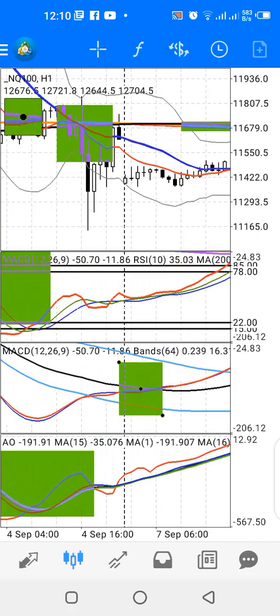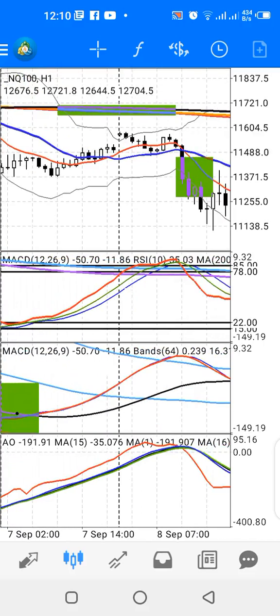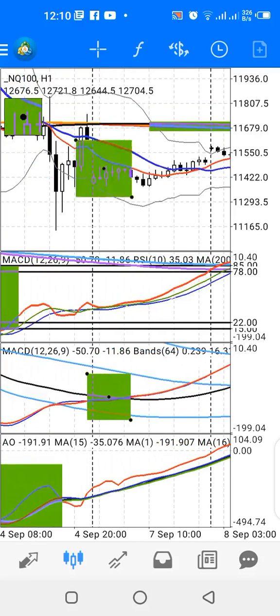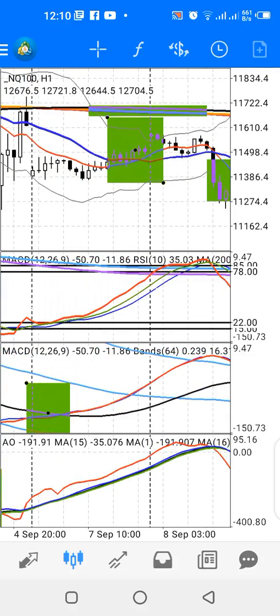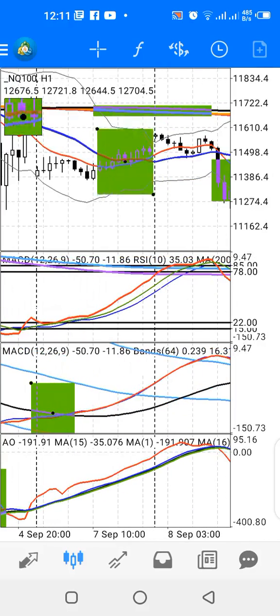Then by the time it crosses the black line, you have your buy signal. All right, although we have a black buy signal around here, but it failed. The buy signal failed somewhere around here.